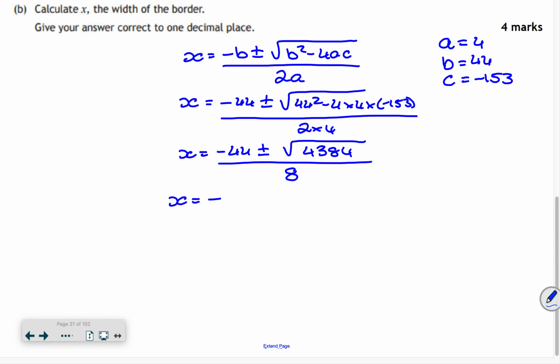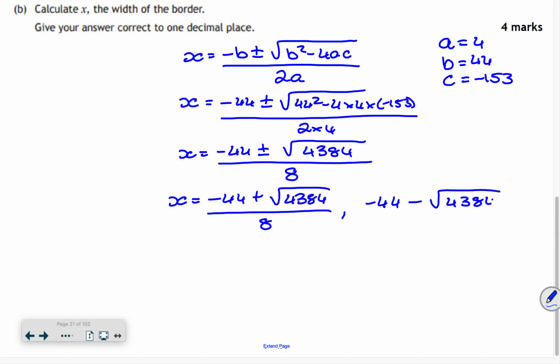So x is equal to minus 44 plus the square root of 4384 over 8, or minus 44 minus the square root of 4384 all over 8.